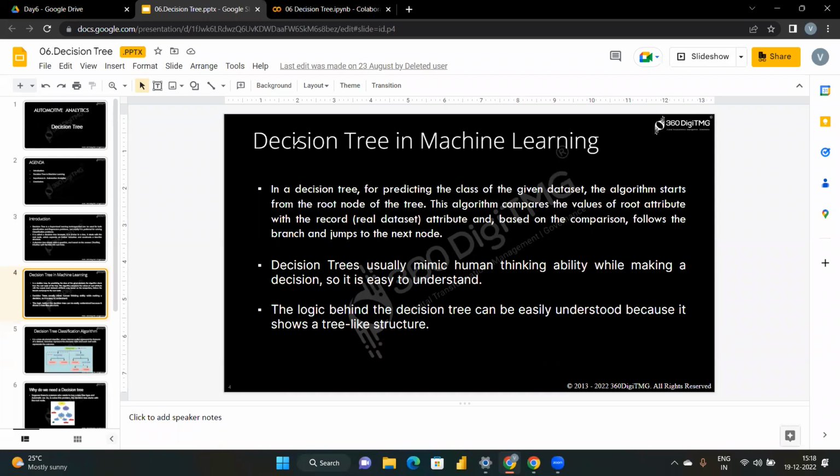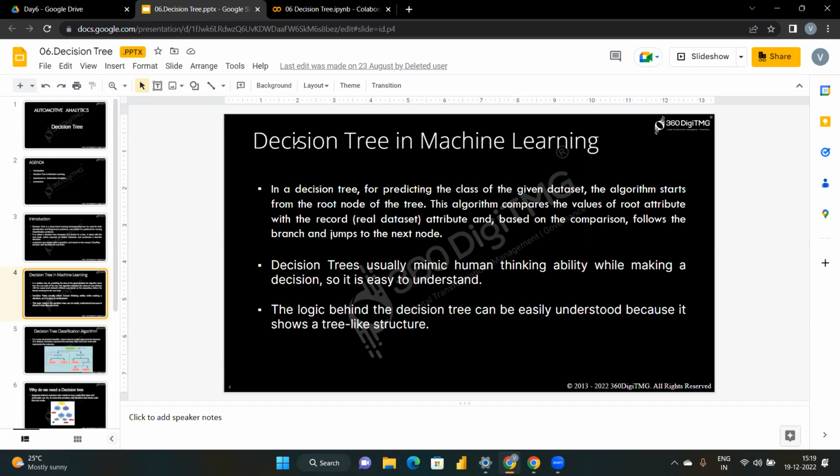So decision tree is a type of supervised machine learning, guys, which is used to categorize or make predictions based on how the previous set of questions were answered. Supervised learning is where we have an input and the output data.